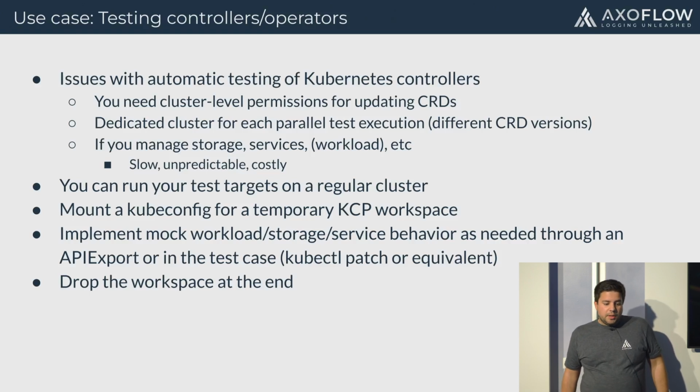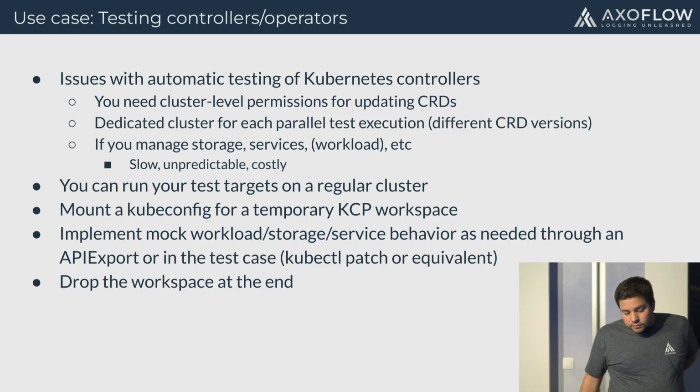You can even implement mocks for the workloads. You can do this even with the API export functionality, or you can do this from your test execution based on the scenario. And at the end, you can simply drop the workspace.